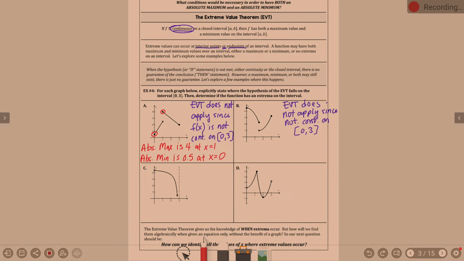Okay. Thoughts on our absolute max and mins? What about an absolute max? Okay. It's an endpoint max this time, isn't it? So 4.5-ish, hard to tell with everything else, but absolute max is 4.5 at x equals 0.